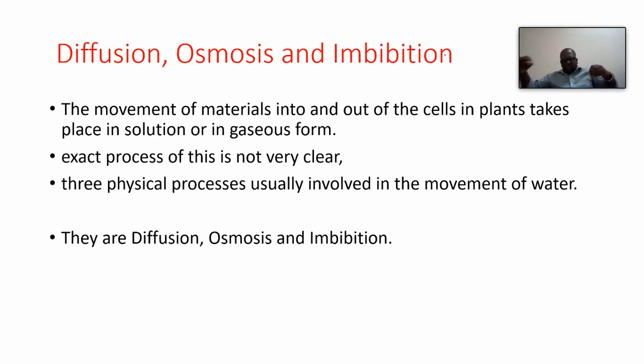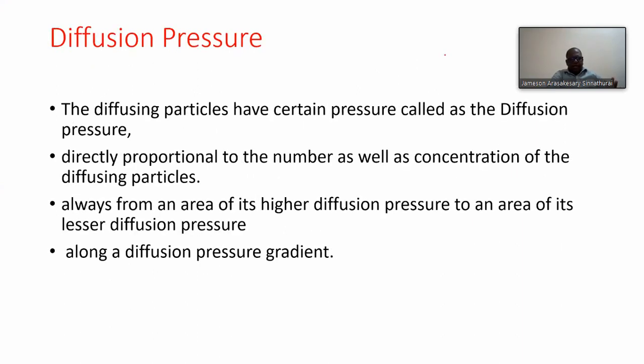The water movement from one place to the other, we call diffusion. So these three phenomena we have to see: water movement through diffusion, through osmosis, or imbibition. Now we will see one by one. If you have any clarification, please raise your hand and tell me.